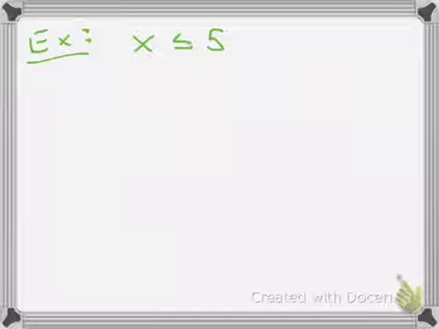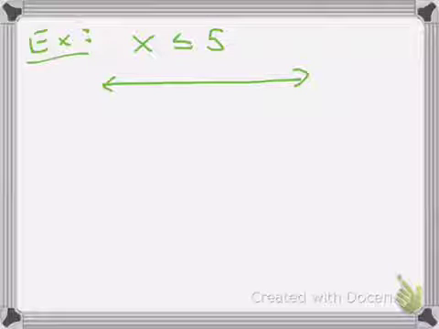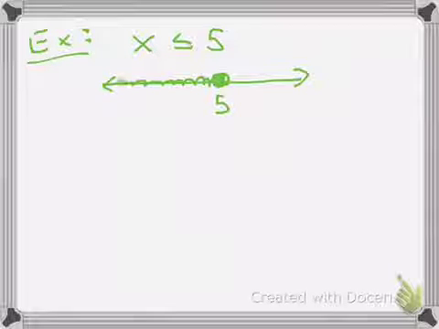That's an inequality statement, right? What does the graph look like? Closed circle at 5, and shade to the left.